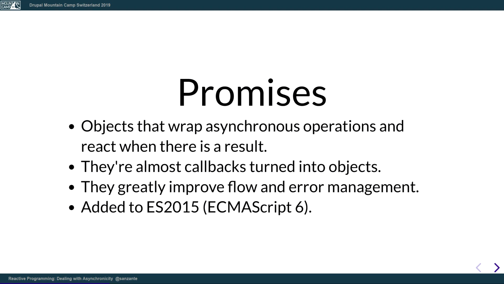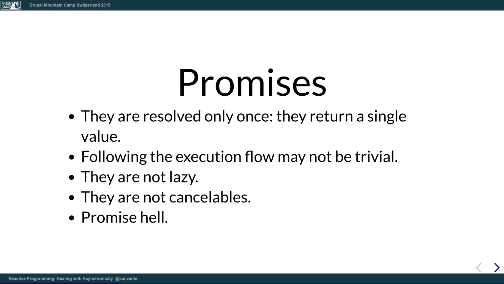And so, what was the solution to this problem? The solution was promises. Promises were introduced to the standard in ECMAScript 6. They greatly improved the flow and the error management. They were a big improvement.